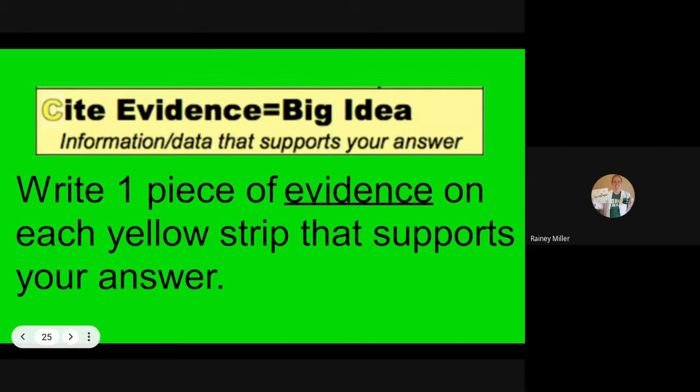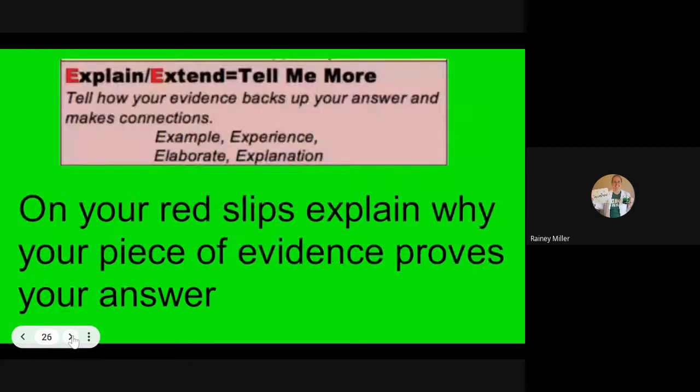Okay, our next thing that we need to do is we need to do some explain, extend, which is like your tell me more. So with that, you want to use a phrase like this proves or this shows. So you're trying to explain how your data proves your point.